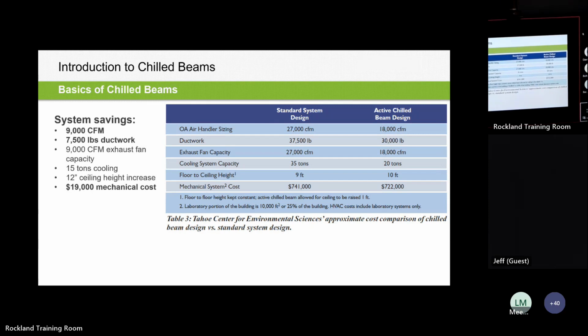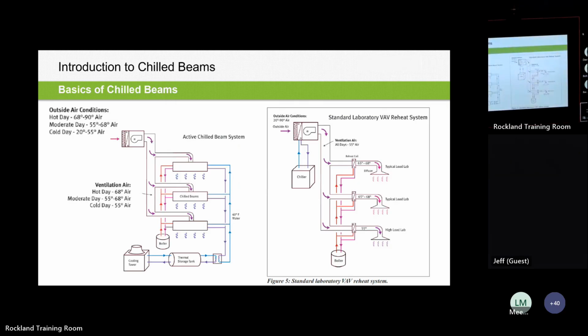Yeah, so glad you asked. There's a snippet showing the differences between the active chilled beam system, which is on the left, and the all air system, the standard VAV reheat system. It shows a couple of things.